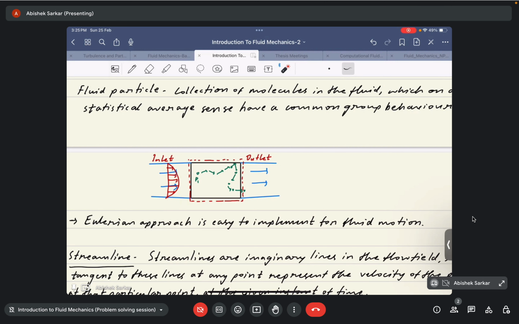But these kinds of assumptions need not be made in the case of the Lagrangian approach, right? We can just directly follow each and every particle of the flow, and then find the corresponding change of flow parameters. But for the Eulerian approach, it's a very standardized or idealized scenario where we are assuming that these idealistic assumptions are correct, and thus the analysis would give us an acceptably accurate result.